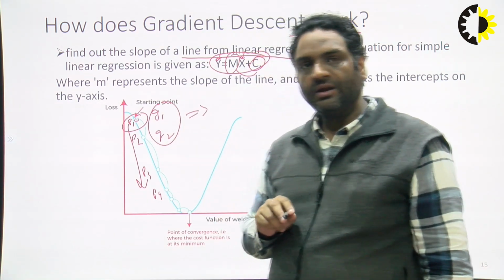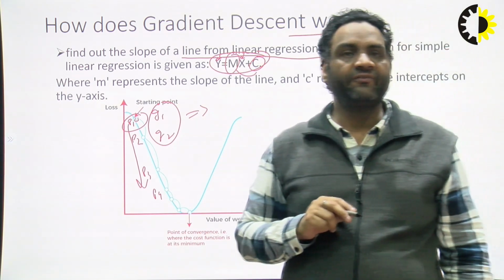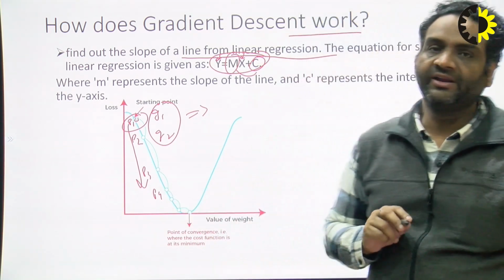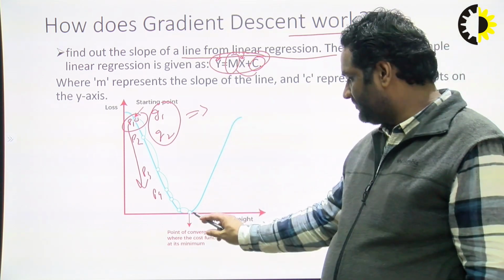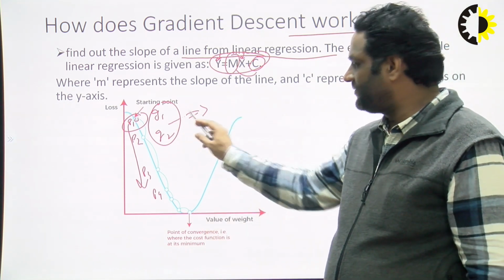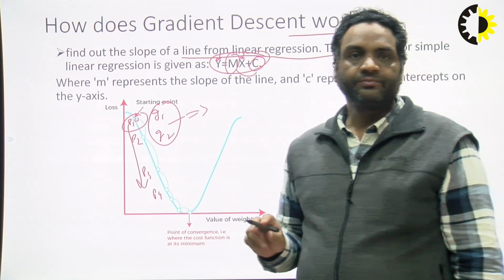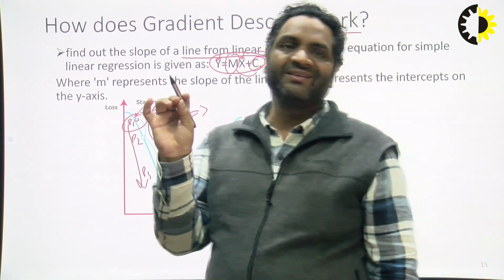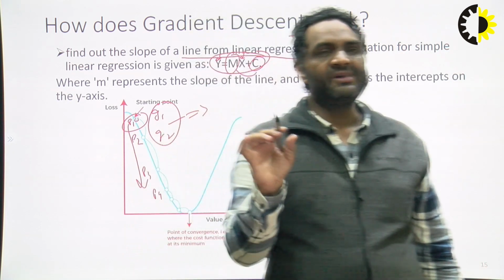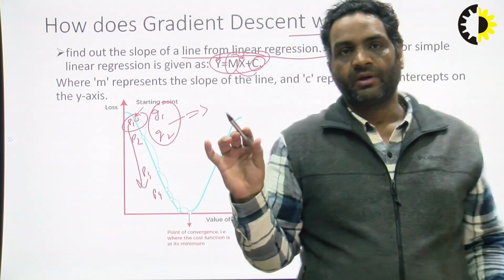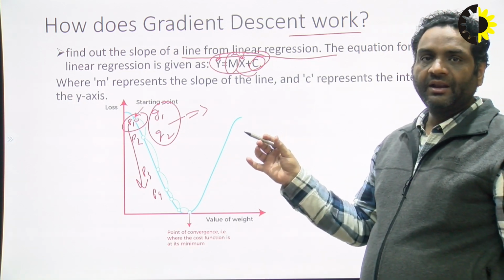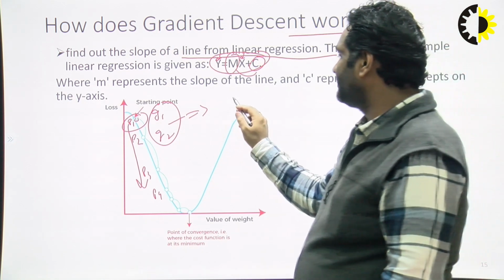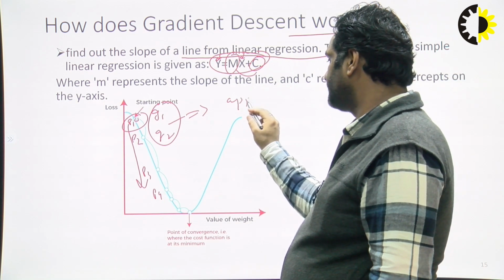Then we will take the difference of these two, that is G2 minus G1. In the same manner, we have to achieve this. When this difference is minimum, or we can say zero, that means our goal is achieved. This function will continue until the difference approaches zero.